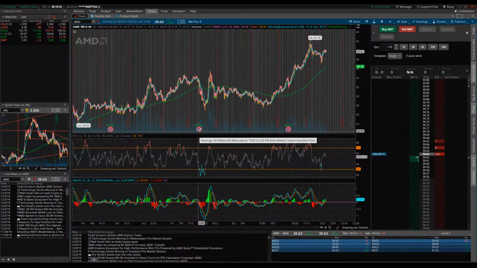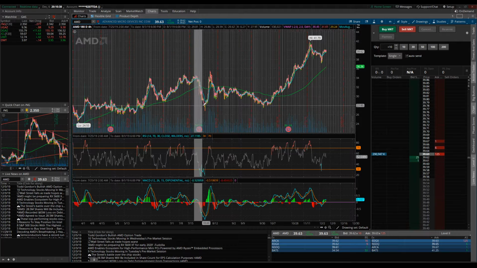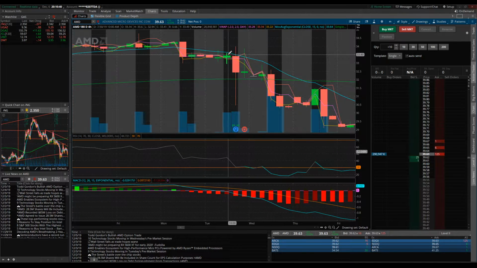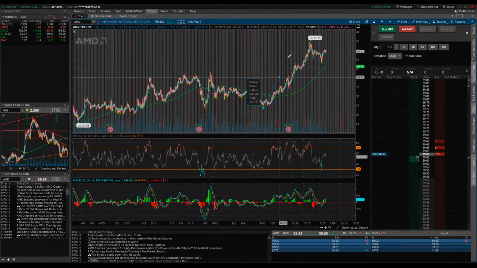Here we have another estimate of 0.09 with an actual that was worse, and we see another 10% price movement. And look, you could have been holding on any one of these and you would have profited, but remember, it's just riskier to trade on earnings day.